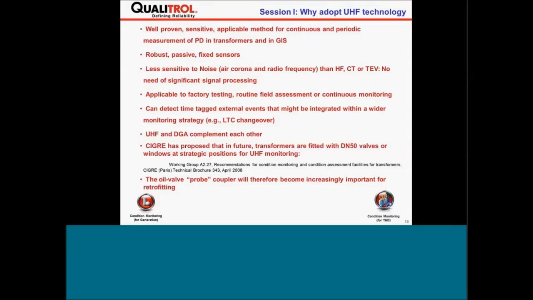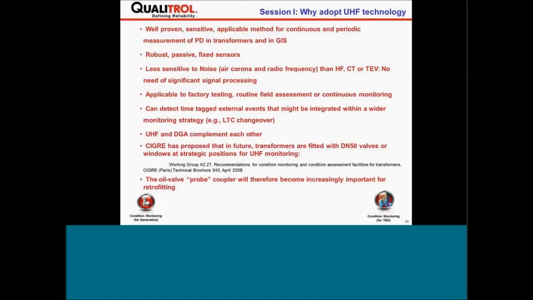for the PD detection. It can be applied in the factory as part of routine tests, also in the field, or for continuous or periodic monitoring of the assets. We can detect time-lagged external events that may be integrated within a wider monitoring strategy.